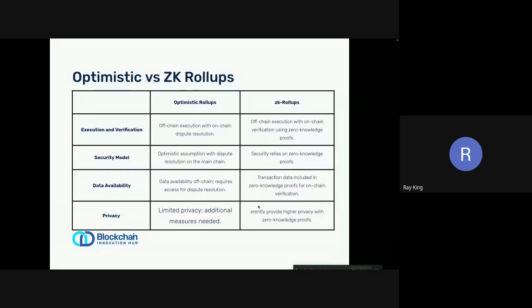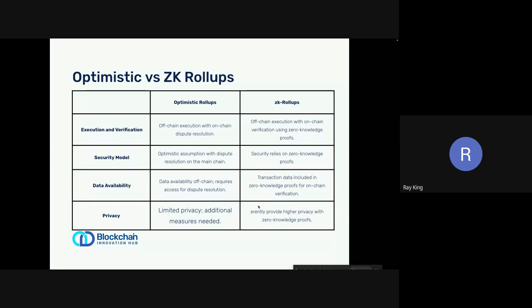For security model, optimistic rollups assume honesty with dispute resolution on the main chain, which I'll explain also. For ZK rollups, security relies on zero knowledge proofs. For data availability, it is off-chain and requires access for dispute resolution.